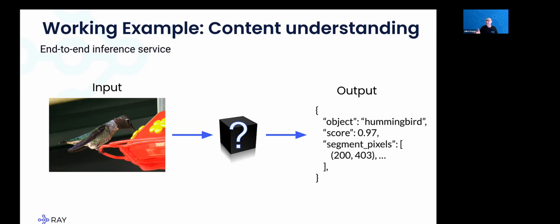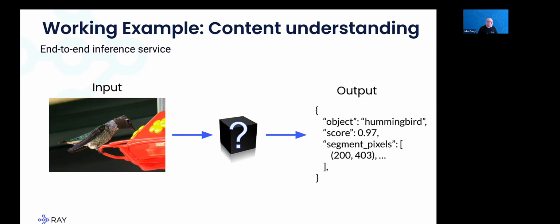And out comes some sort of structured output that says what was detected in that particular image. In this case, it's a hummingbird. What was the confidence score, that is, how good the accuracy is? And then finally, some sort of segmentation, or a bounding box drawn around the image. So this is a very typical inference engine.